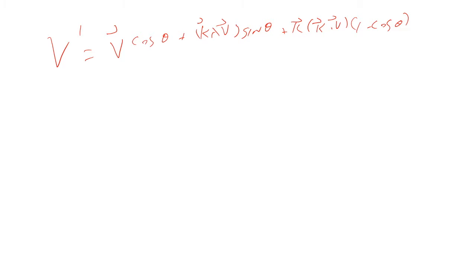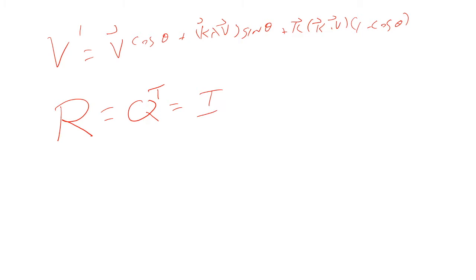Now we can write that a little more compactly in matrix notation by using something called the cross product matrix. This is our rotation matrix R, which is equal to the transpose of our coordinate transformation matrix.